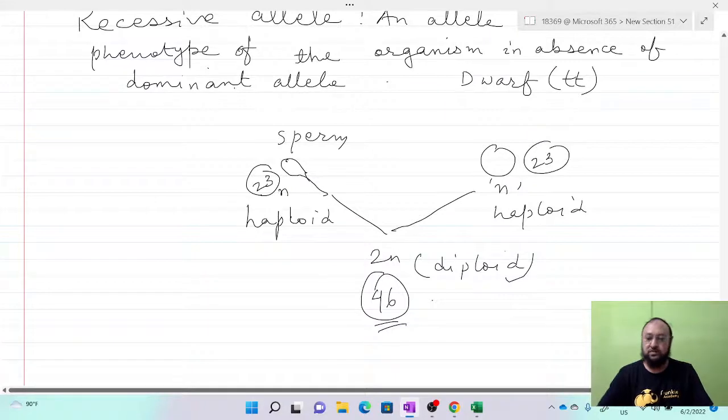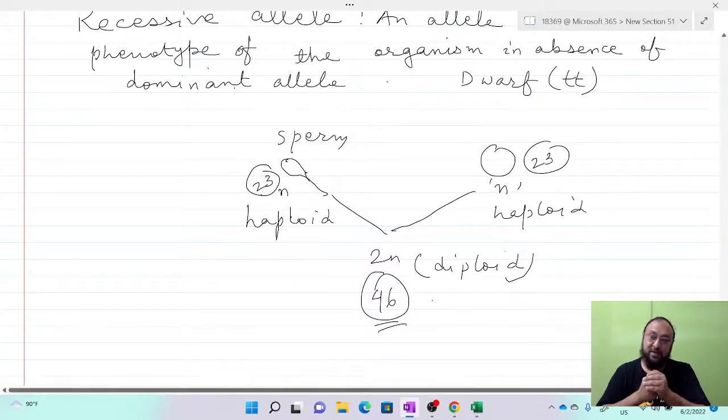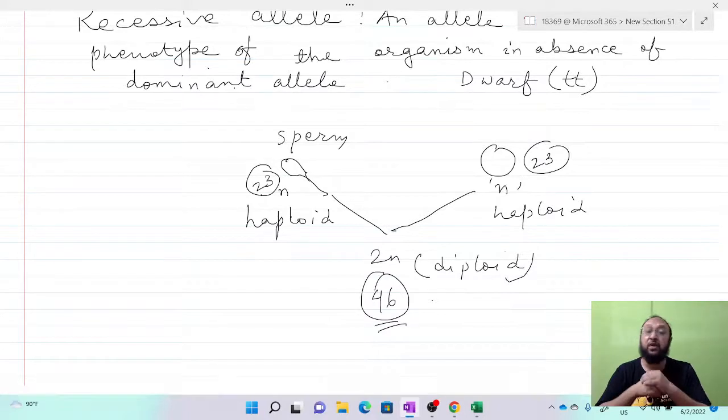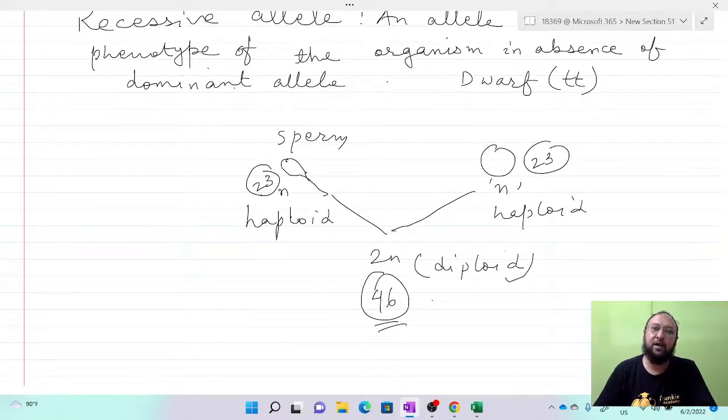Okay, so this was all about the preliminary important points before we start Mendel's experiment: what is variation, what is genetics, and the different important terminologies that we must understand before going into details of the experiment conducted by Mendel, the different hypotheses and the laws that he propounded after the results he obtained.